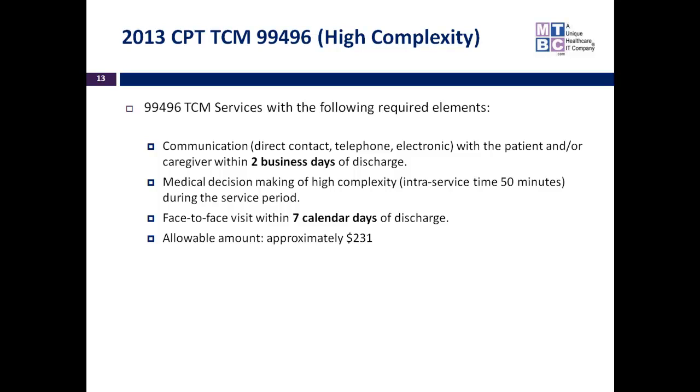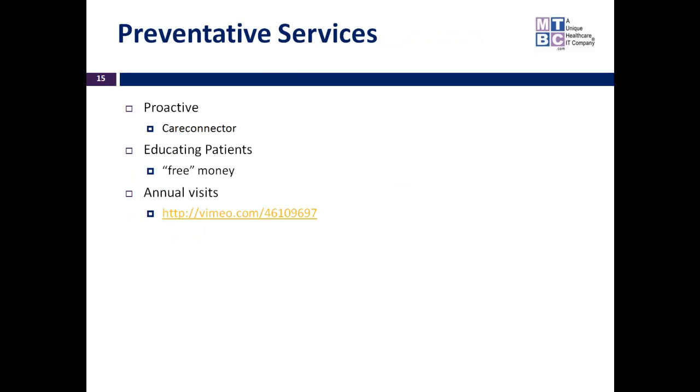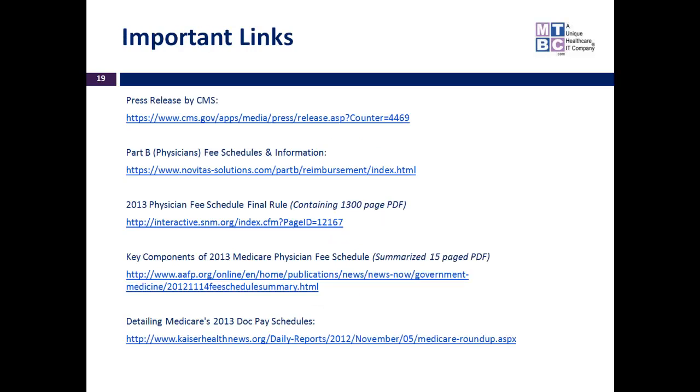However, if during this 30-day period you have additional face-to-face visits after the first face-to-face visit, those visits should be billed and paid separately. So if you see the patient with, say, two face-to-face visits after the first, you would be able to bill both the TCM code and those additional visits.